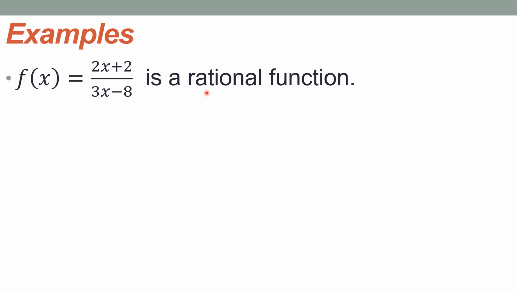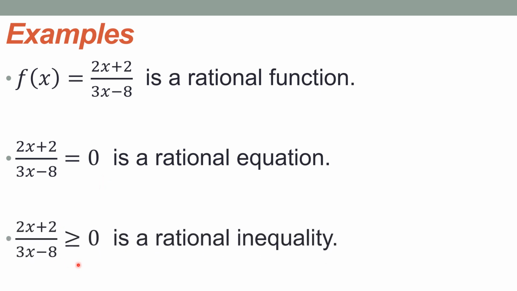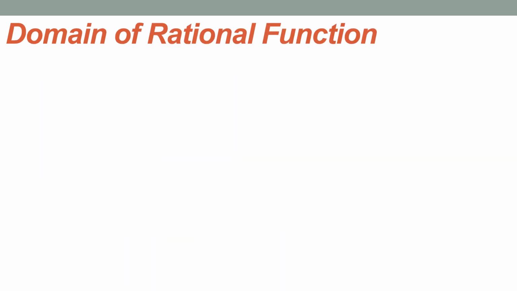Okay, so this one is a rational function, whereas 2x plus 2 over 3x minus 8 equals 0 is a rational equation because it is equated to 0. And lastly, 2x plus 2 over 3x minus 8 is greater than or equal to 0 is a rational inequality because we use inequality symbols such as this one, the greater than or equal to symbol.